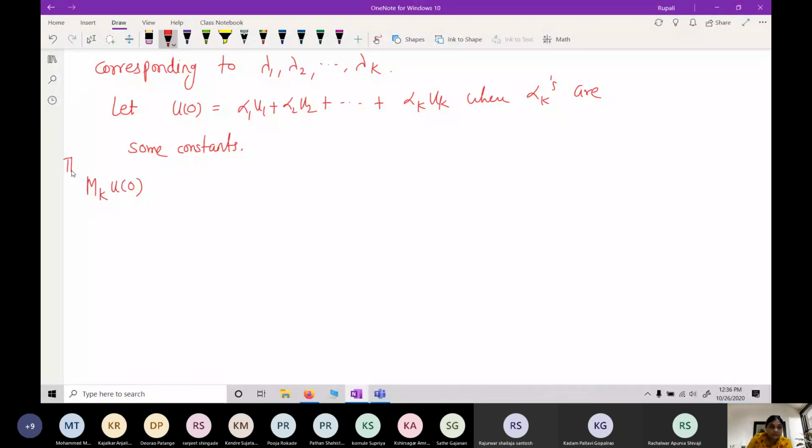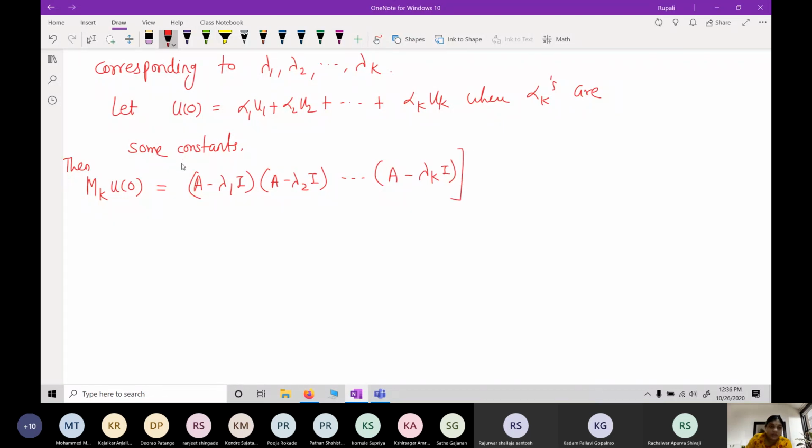Then M_k u0 will be what? What is my M_k? By definition, it is A minus lambda 1 I, A minus lambda 2 I, up to A minus lambda k I, right?